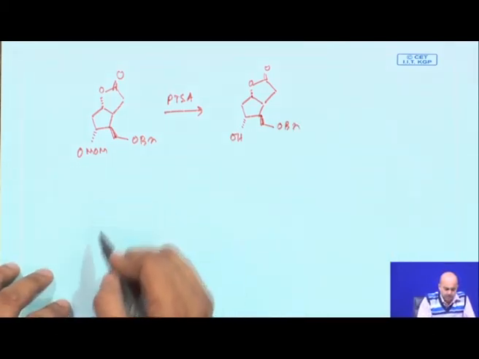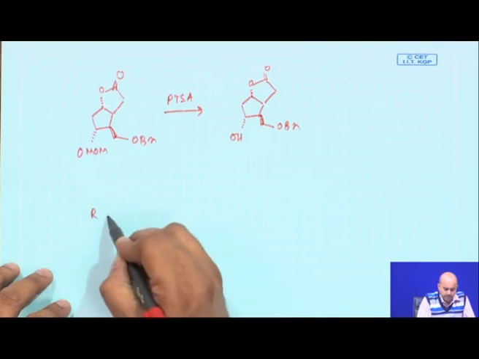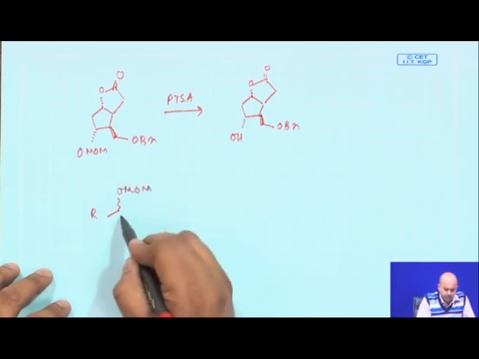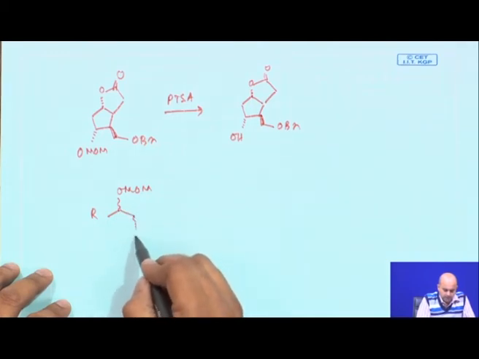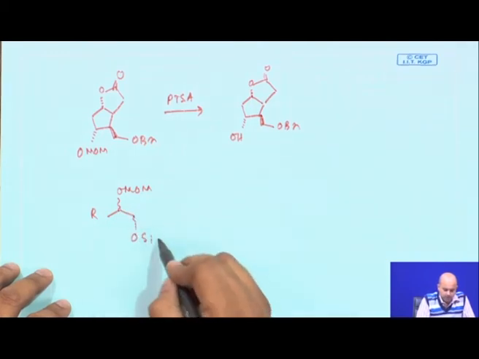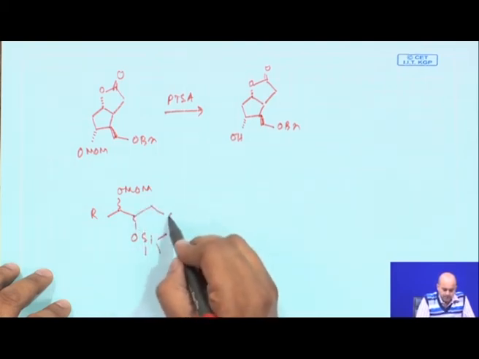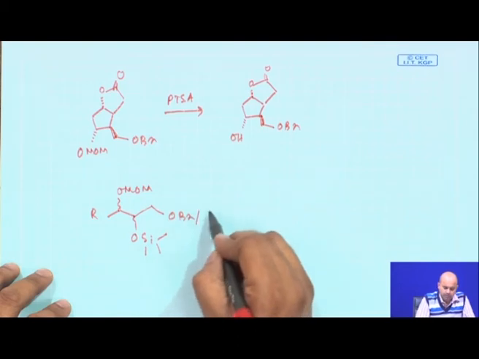Even if your compound has a MOM group, then a silicon containing group, and then a benzyl or PMB containing group.